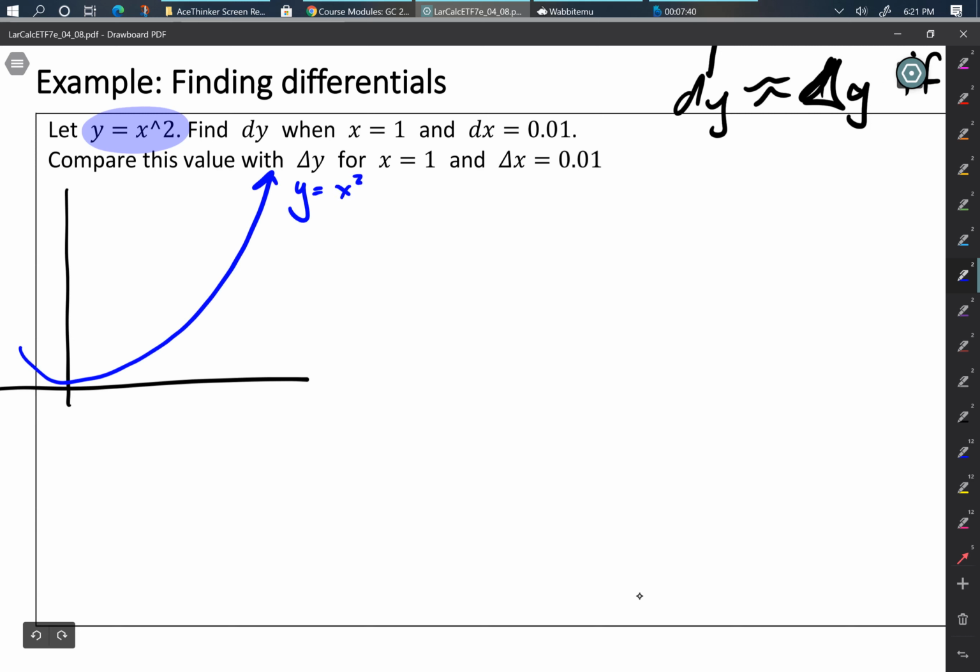There's my function y equals x squared. If x is equal to 1, then that's my value c. So I'm looking at a known point, right? And then x is going to change by a little bit. Now I am going to exaggerate it.